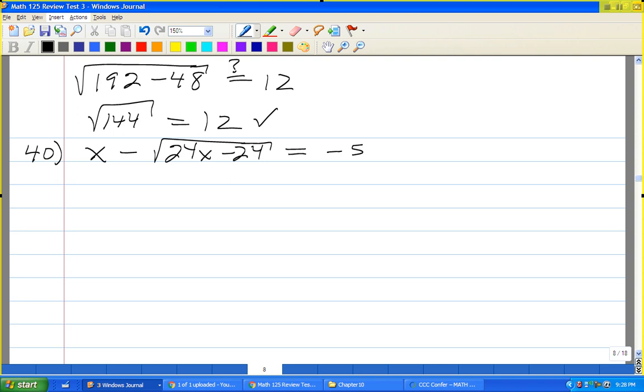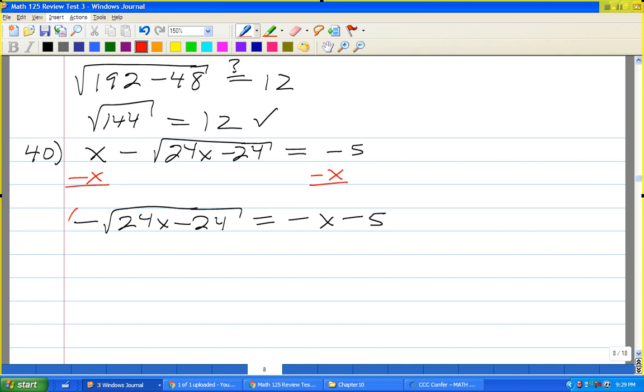So first thing to do is isolate the radical on one side of your equation. So let me subtract x from both sides of my equation. So I get negative radical 24x minus 24 is equal to a negative x minus 5. Let me square both sides of my equation to get rid of the square root.